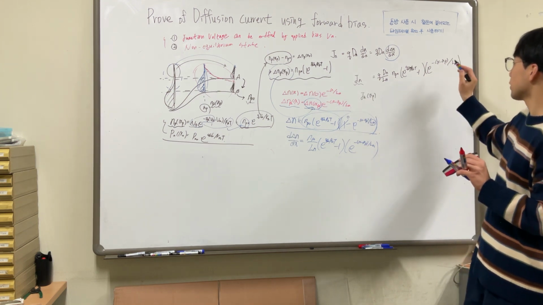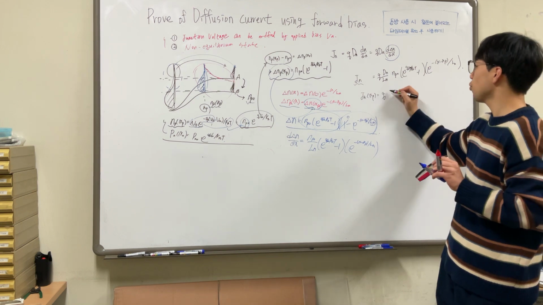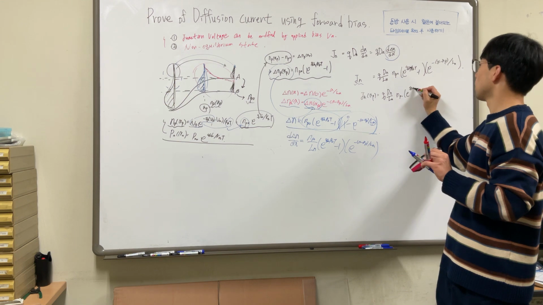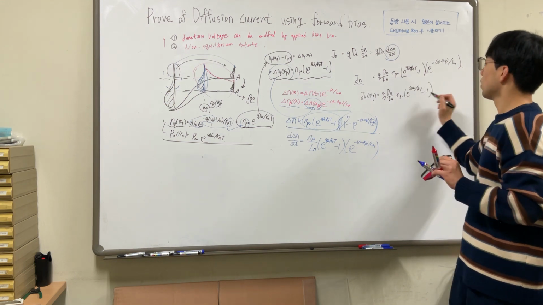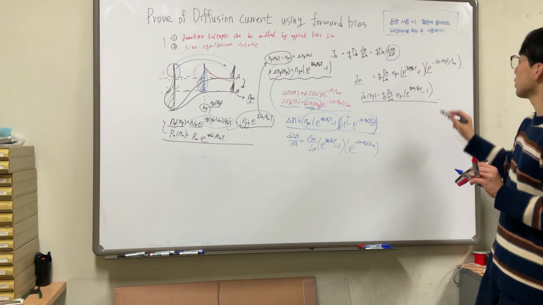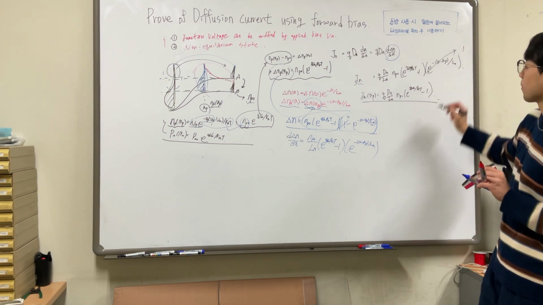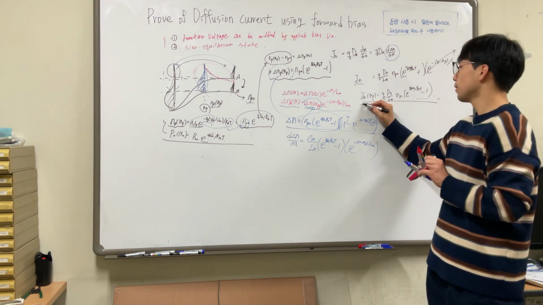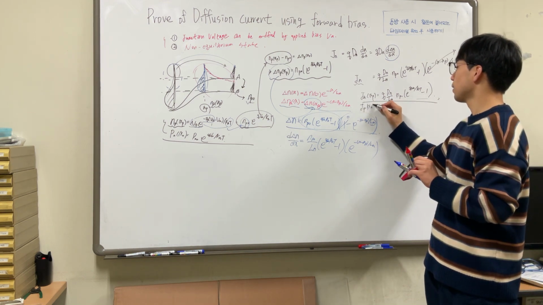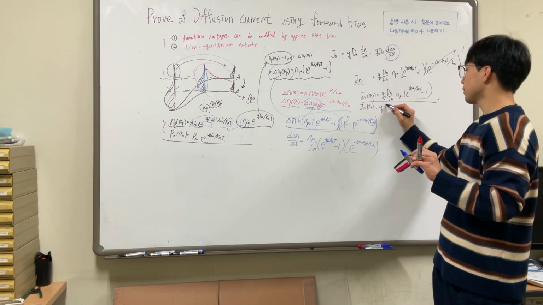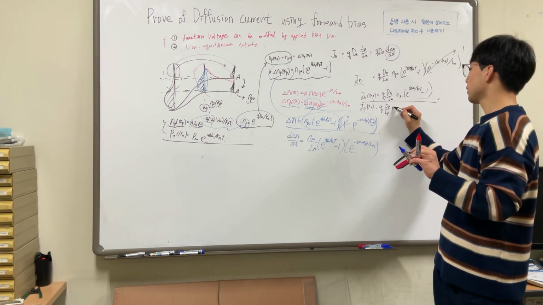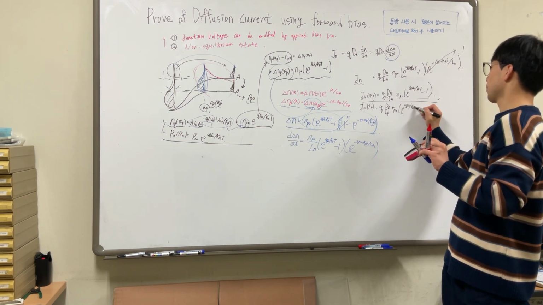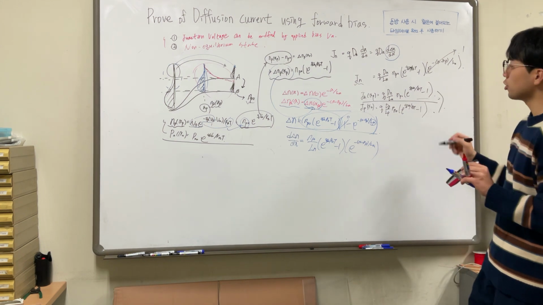So when we put x equal to xp, this exponential becomes 1. So Jn is the same as this, and Jp is similar, so it can be shown like this.